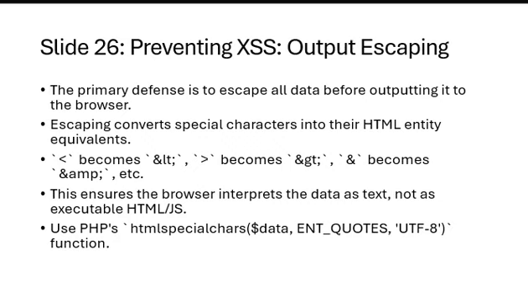The primary and most effective defense against XSS is called output escaping. Escaping means converting special characters into the corresponding HTML entity equivalent. For example, the less than sign and the greater than sign become their entity forms. This ensures that the browser will interpret the data as simple text, not executable HTML or JavaScript.